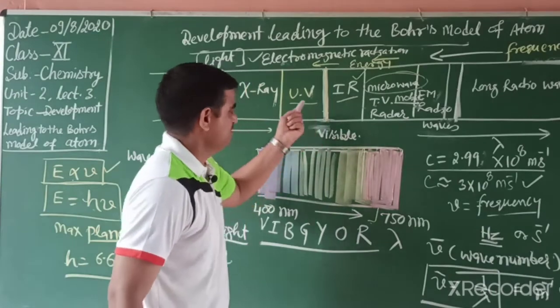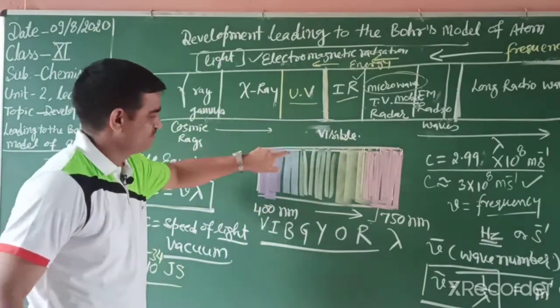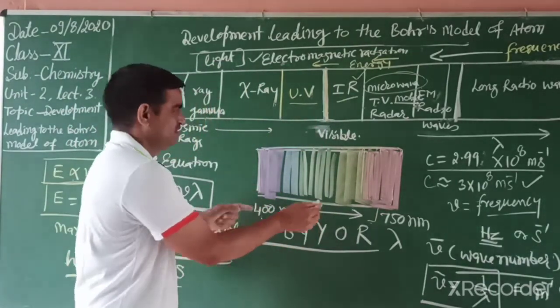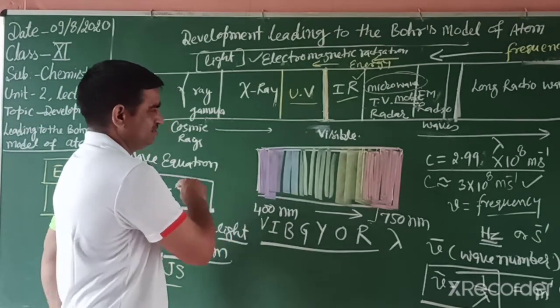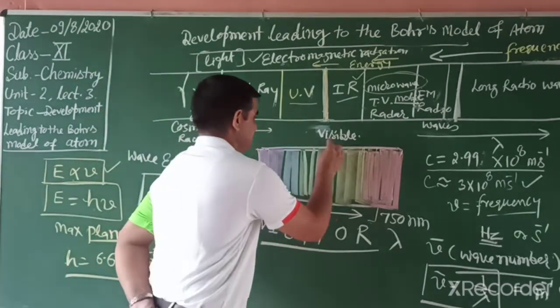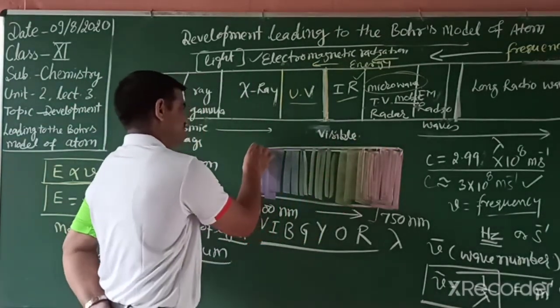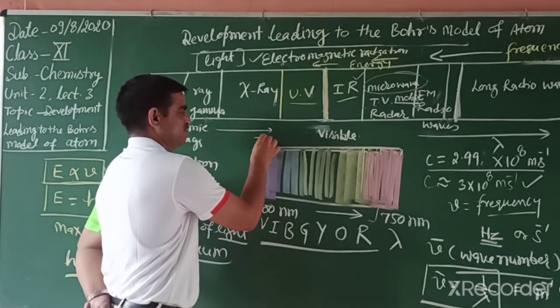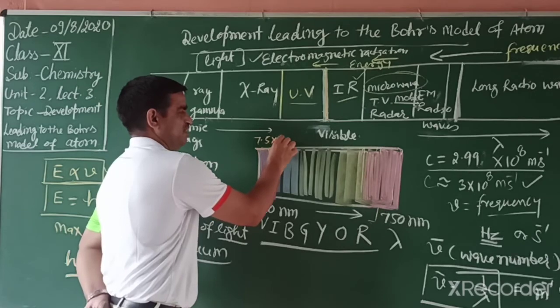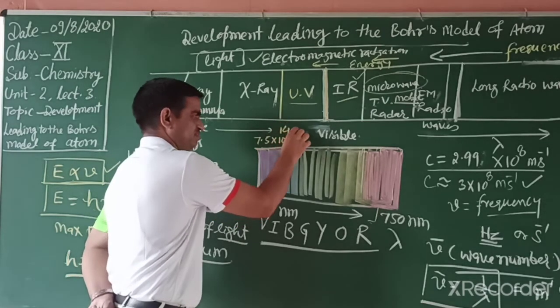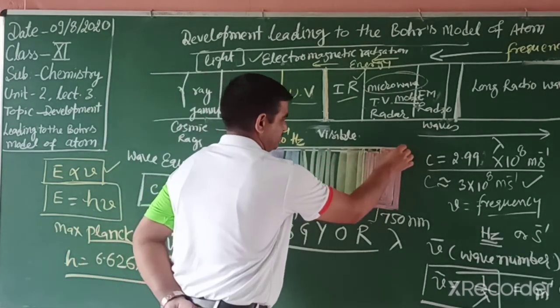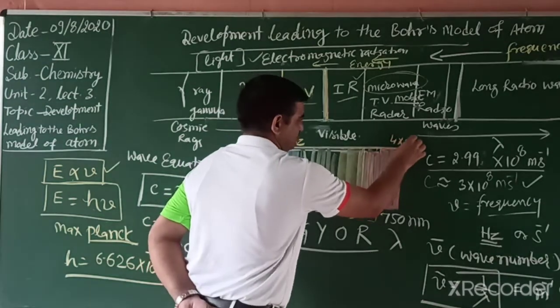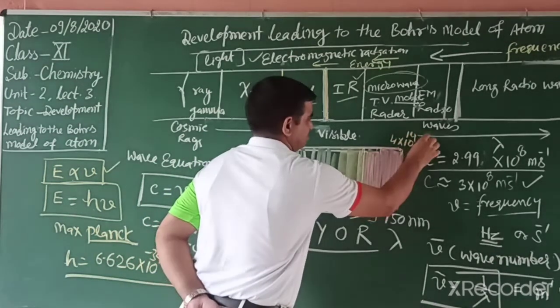First, remember the visible region, 400 to 750. If you convert it to frequency, this frequency is 7.5 into 10 to the power 14 hertz, and this frequency is 4 into 10 to the power 14 hertz.